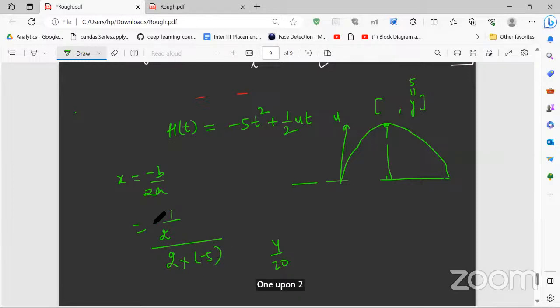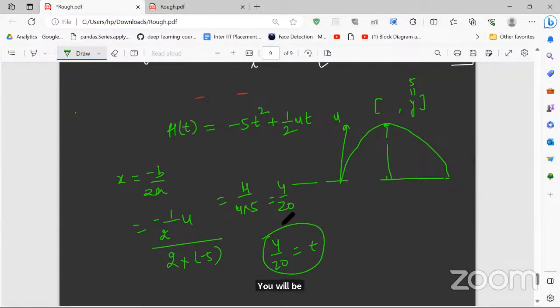So it will be 1 upon 4 into 5, which is u upon 20. From that formula also you are getting t equals u upon 20.